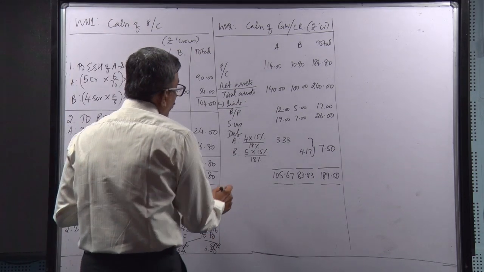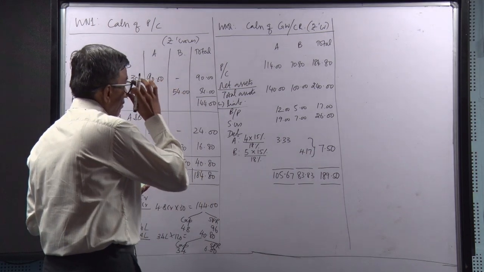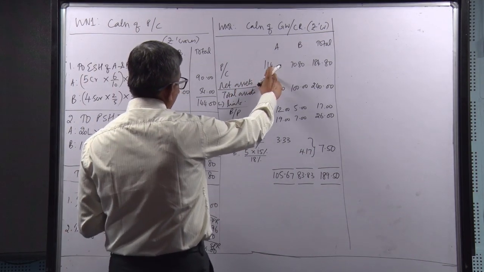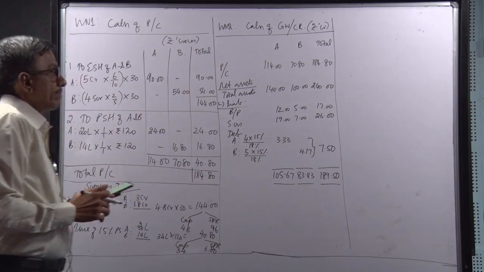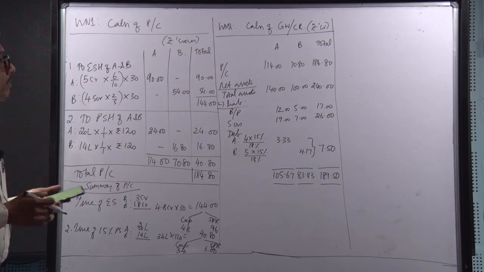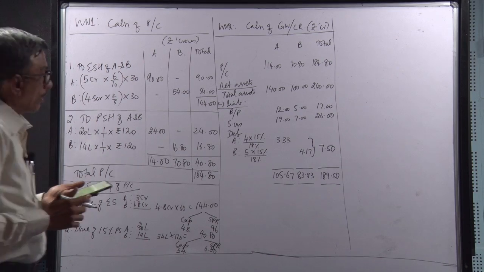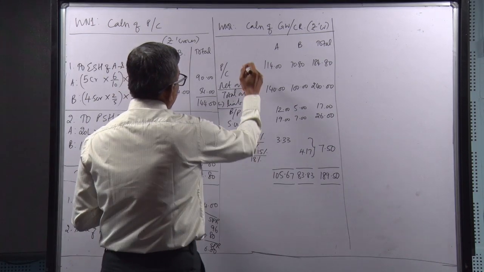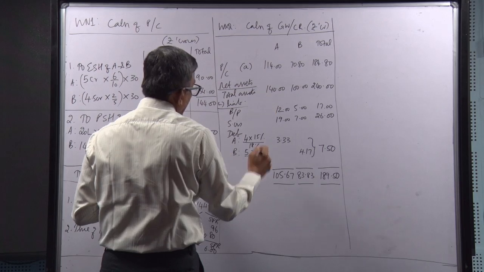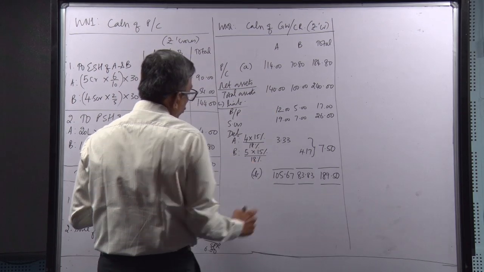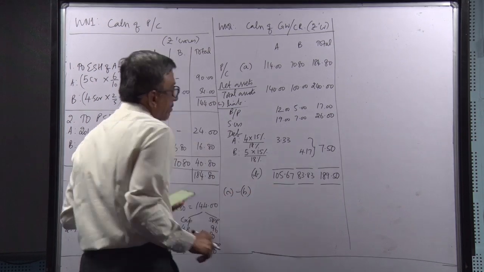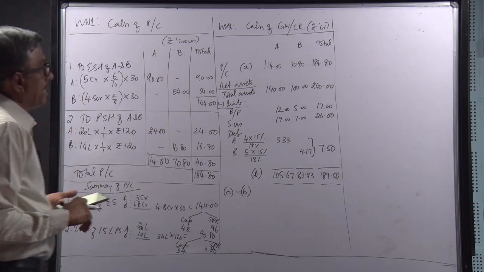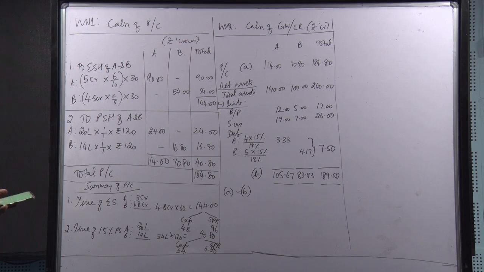So, is it goodwill or capital reserve? If consideration is more and net asset is less, it is goodwill. If net asset is more and consideration is less, that is capital reserve. So if this is A and this is B, you find A minus B. If A minus B is positive, that is goodwill because consideration is more.